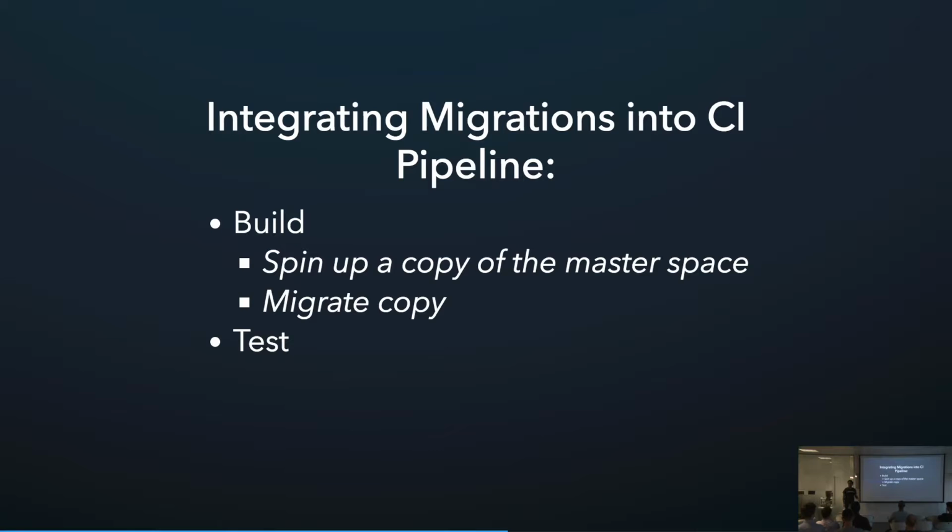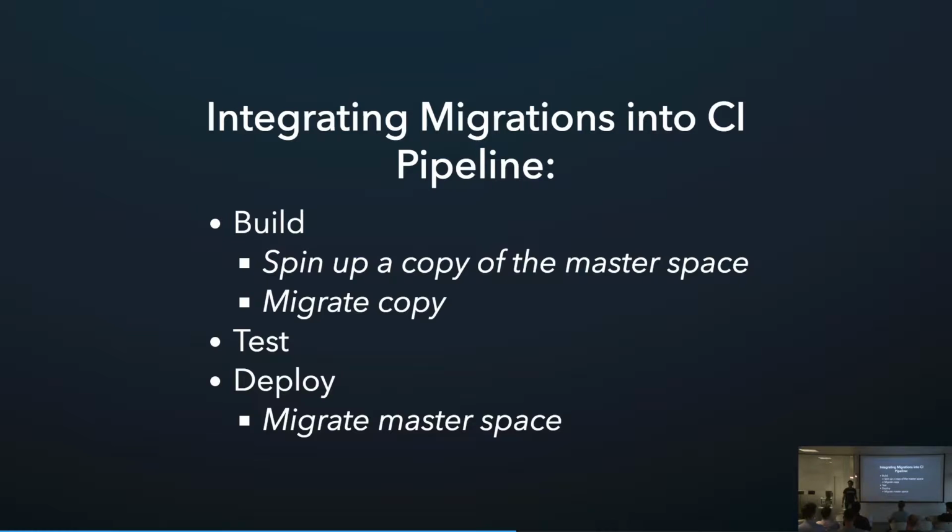It's going to test that, and so you can check in your new tests and your expectations against that new space. And then if everything works, it's going to deploy it. And as part of that deployment, it's also going to run those migration changes against the master space. So your production code is running on the most updated version of your content model on Contentful.